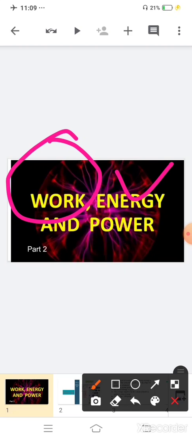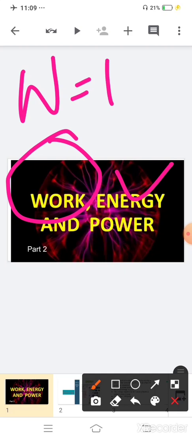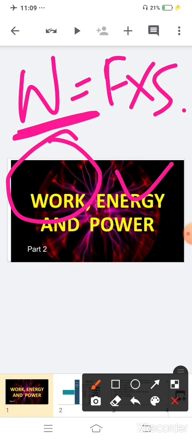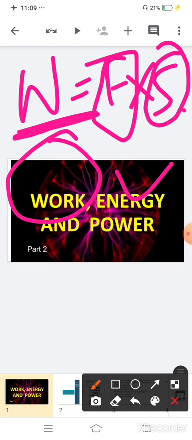The formula of work is W is equal to F into S, where W stands for work, F stands for force and S stands for displacement.